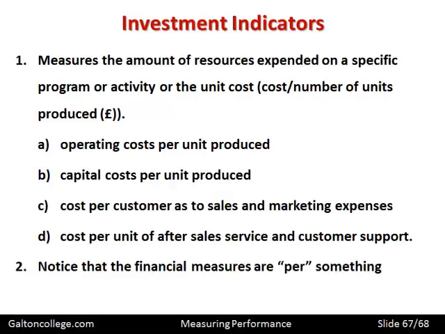So note that the financial measures are per something. The cost per unit, the cost per customer. So it really is an average. How many customers have they got? What was the cost of satisfying those customers? So divide the costs by the number of customers, which gives you an average per customer.